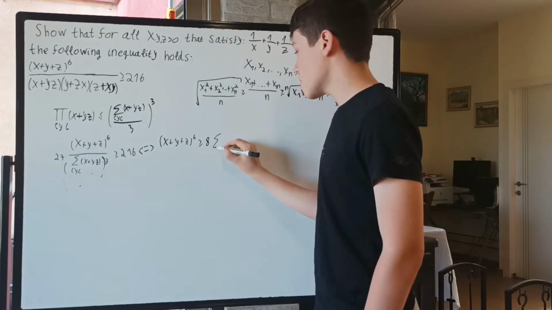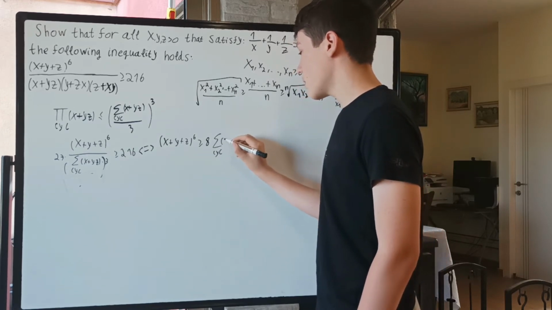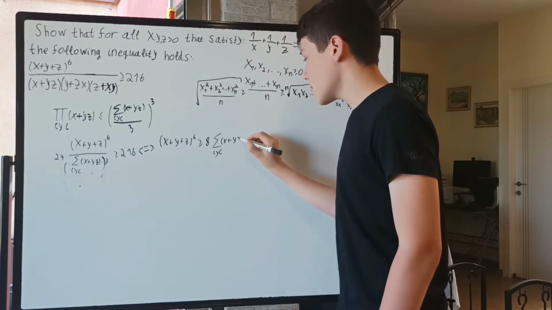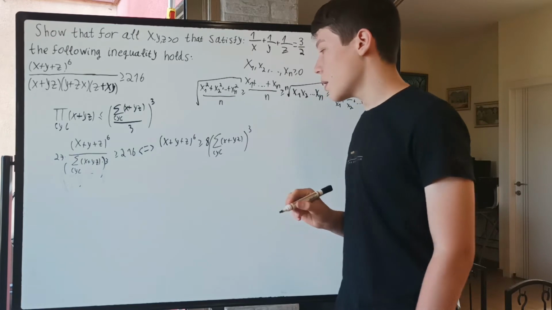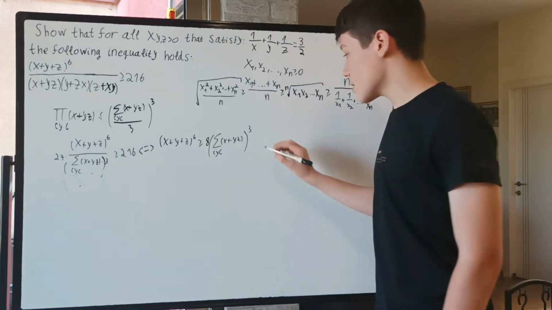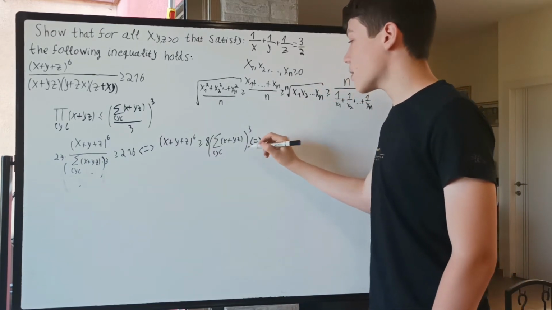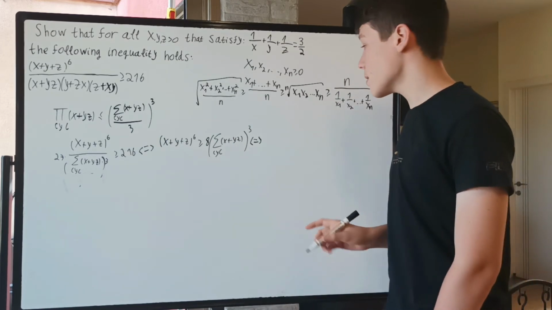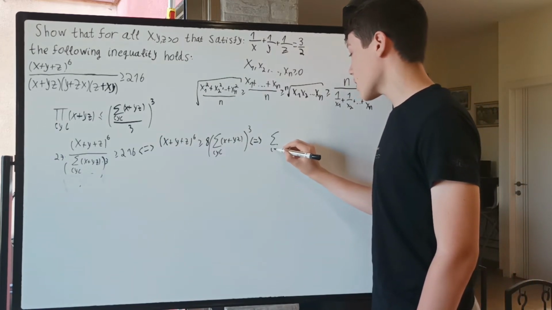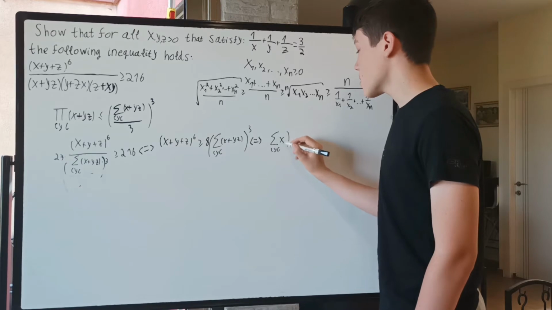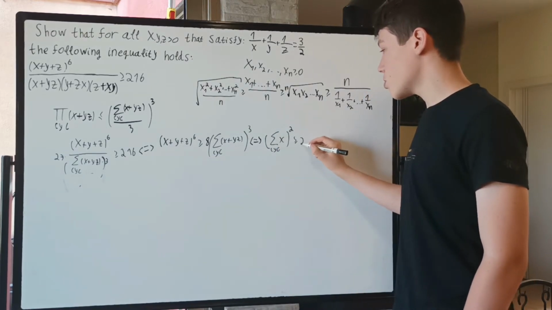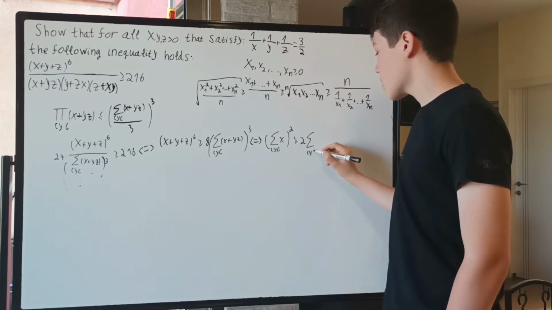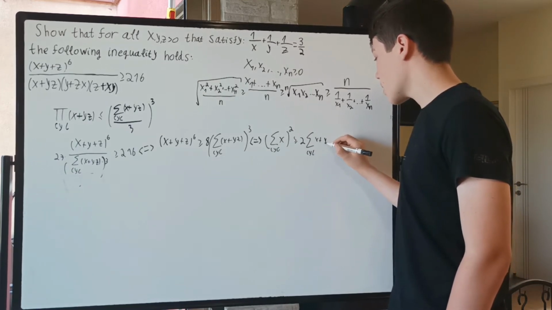So this is 8 times the cyclic sum of x plus yz, all cubed. This is equivalent to, if we take the cube root of both sides, the cyclic sum of x squared being bigger than or equal to 2 times the cyclic sum of x plus yz.